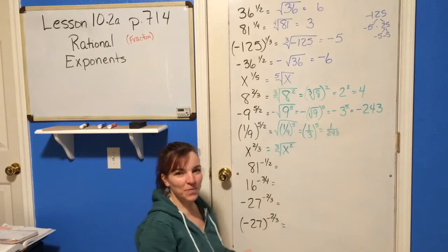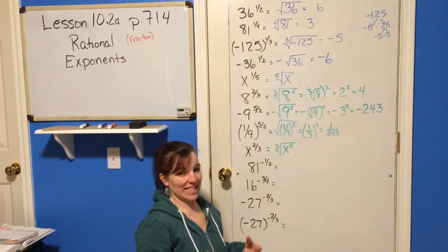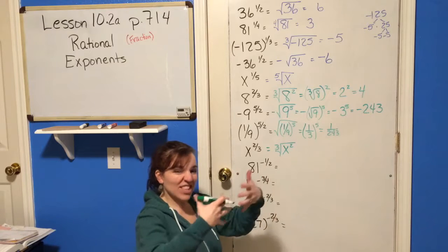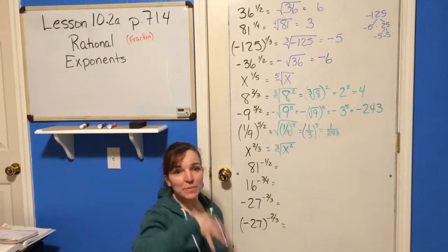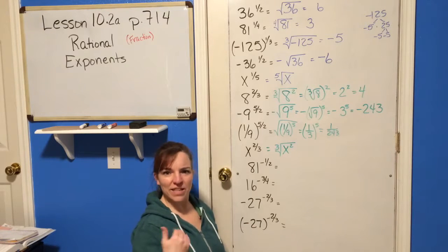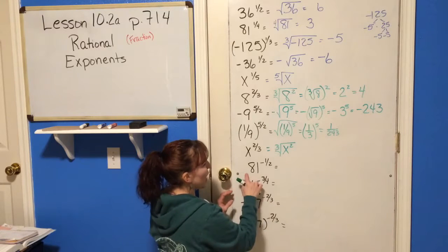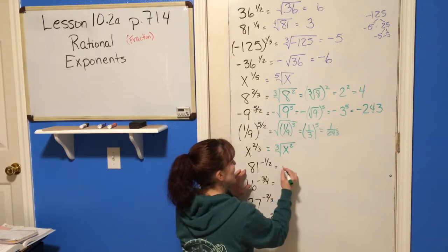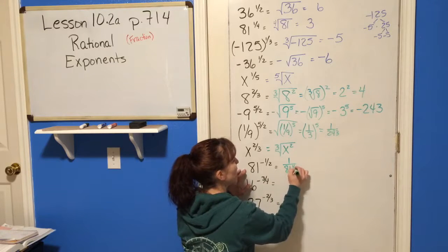Now here's the deal. If you have a negative power, what that means is I'm going to flip that to the denominator, okay? So the negative power flips it, it's almost like we're dividing over and over again instead of multiplying over and over again. So that's why we put it down into the denominator. So 81 to the negative 1/2 power is the same as 1 over 81 to the 1/2 power.